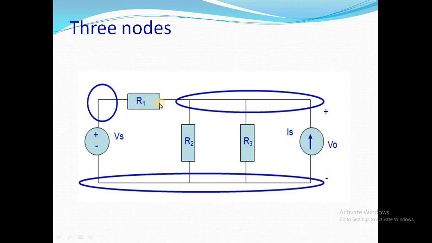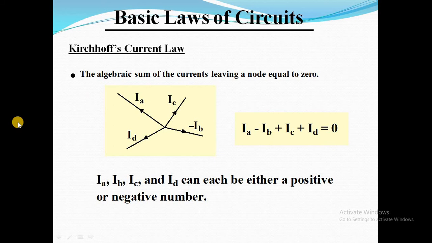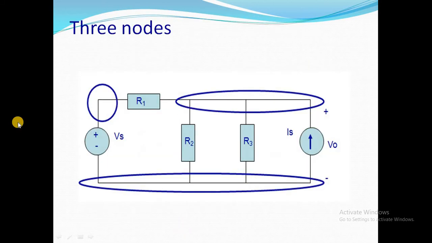R1, the voltage supply, R2, R3 and the current source are the elements. If you connect two elements, between them there is one node. Since there is no element between these points, we can consider all three as one node.